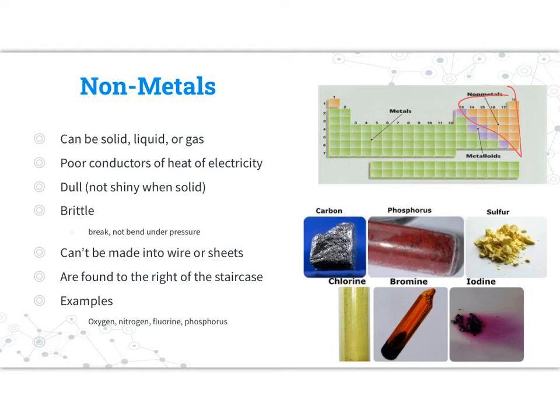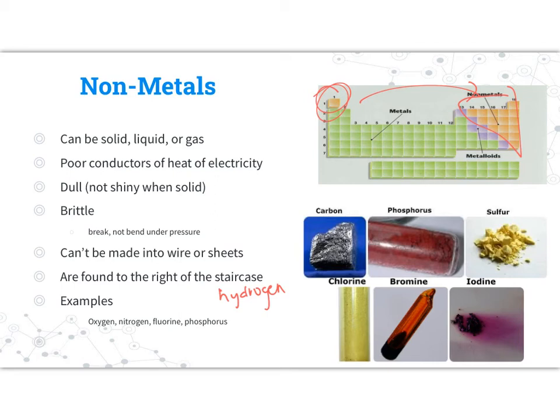They do not bend under pressure. So again, if you hit them with a hammer, they would break or shatter. They would not bend. They cannot be made into wire or thin sheets. Again, they are found to the right of the staircase with the exception of hydrogen. Hydrogen is on the other side, but it is still important to consider as a nonmetal.